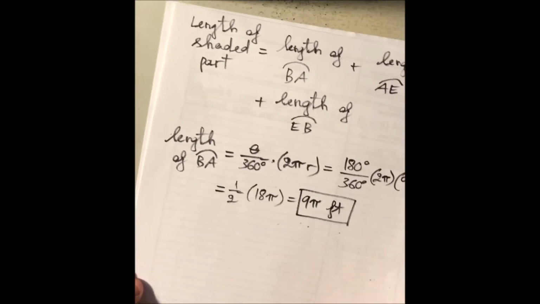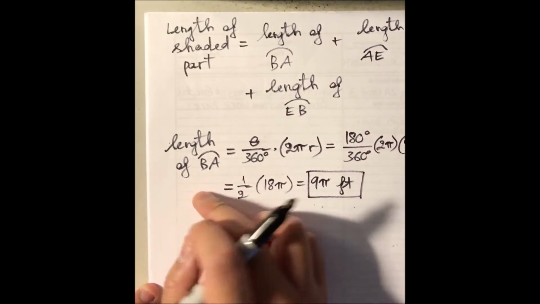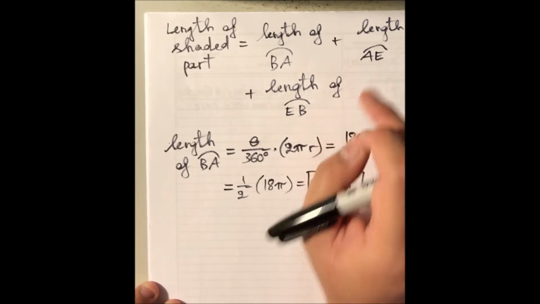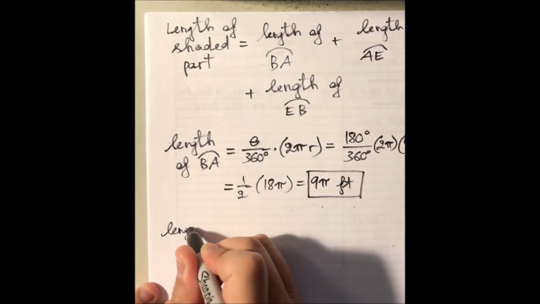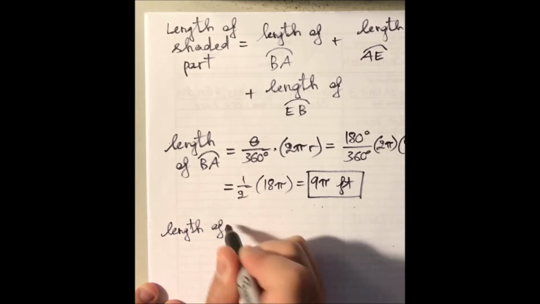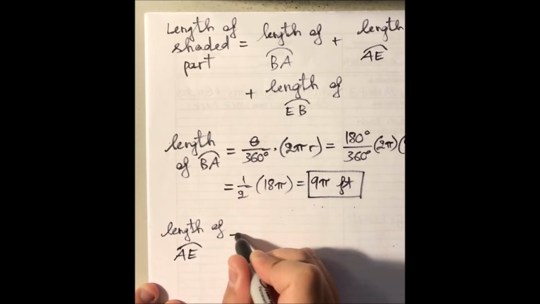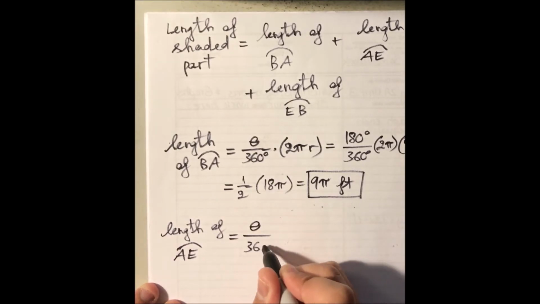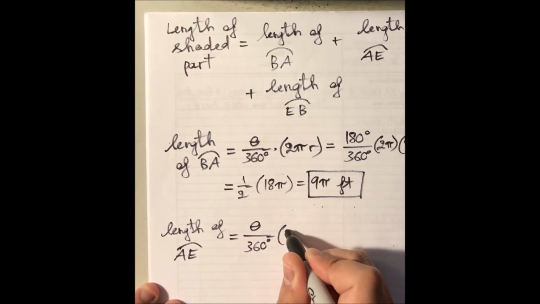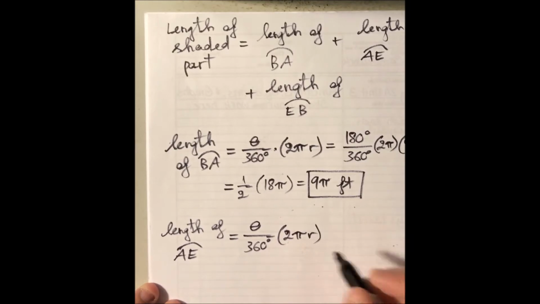That's the unit, so keep this in mind. And we are going to repeat the same procedure using the same formula for the minor arc AE and the minor arc EB. So the length of AE is going to use the same formula: central angle theta divided by 360 multiplied by the circumference of a circle, which is 2 pi r.